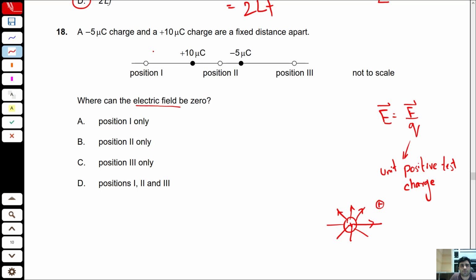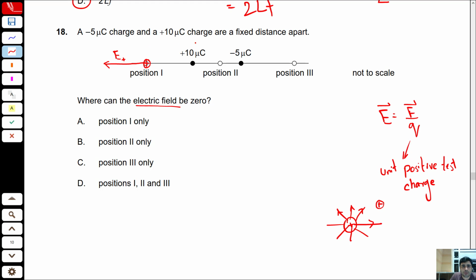To find the electric field strength at position 1, you should always place a small unit positive test charge and figure out the electrostatic forces acting on it. Positive charges repel each other, so there must be an electric field strength acting in the opposite direction due to this positive charge.